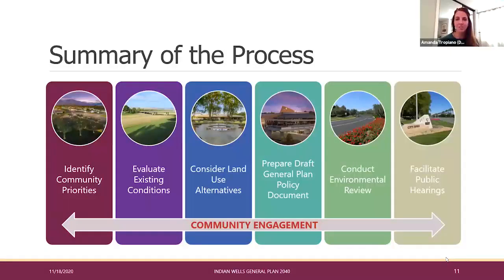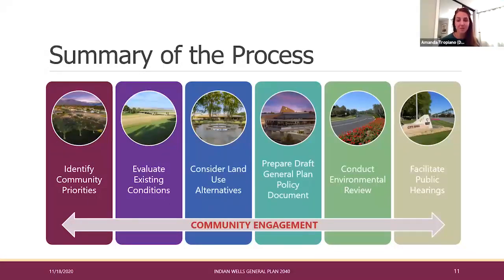The process is broken up into a series of distinct phases. The first is the identification of community priorities, and we're accomplishing that in part right now by working with the community through these virtual workshops. We'll also be completing a detailed analysis of existing conditions, reviewing land use options, particularly as they relate to your opportunity sites, preparing a draft general plan policy document.